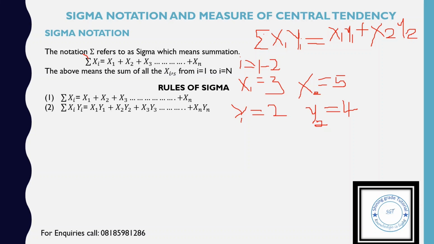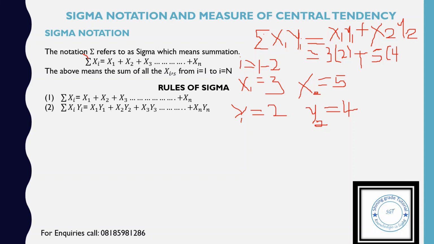So everything will be equal to, what is our x1? x1 is 3, multiplied by y1, which is 2. So we have that, plus, x2 is 5 and y2 is 4.